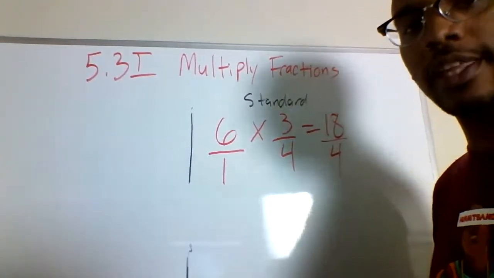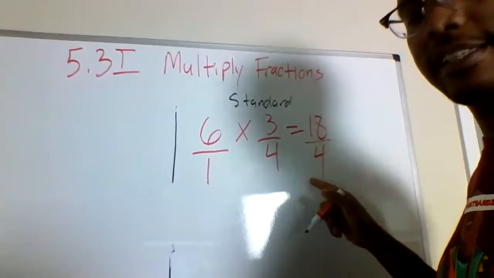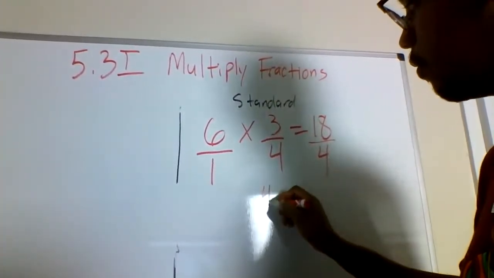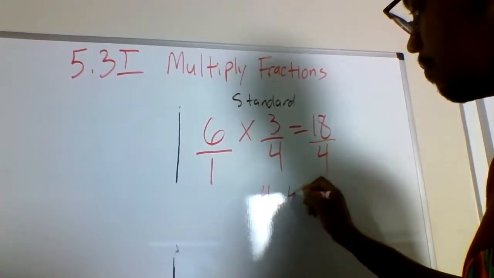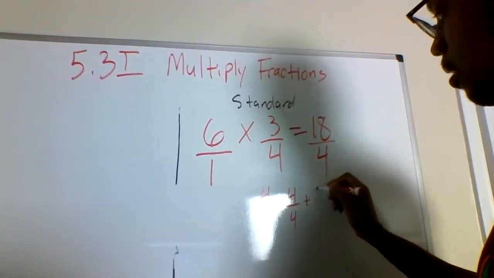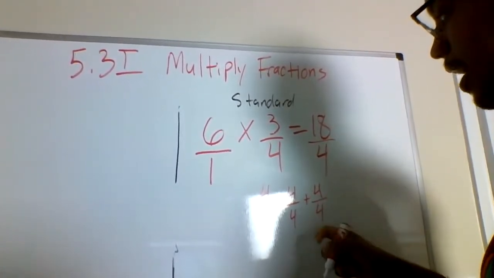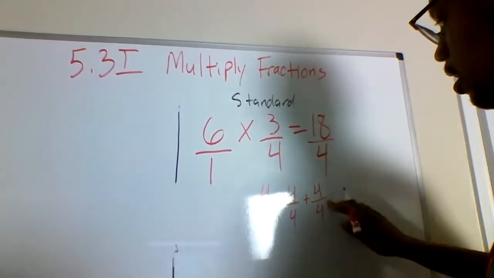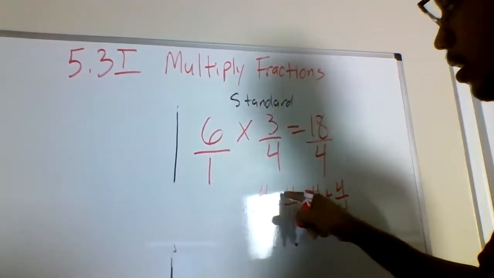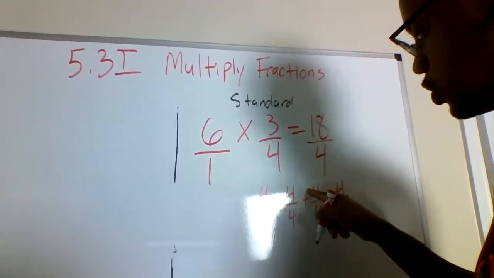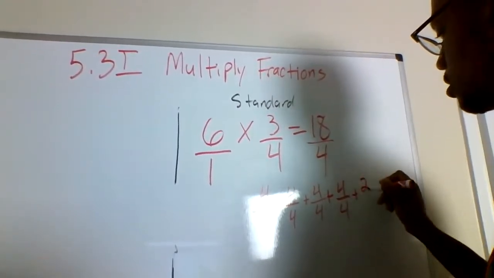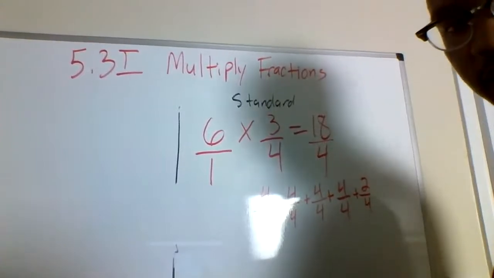All right? So one thing I like to do, I like to take this 18/4, and I like to say, okay, 18/4 is equal to 4/4 plus 4 fourths. All right, 4 plus 4 is 8, plus 4 fourths, that's 12, plus 4 fourths, that's 16, plus 2 fourths, which is 18.